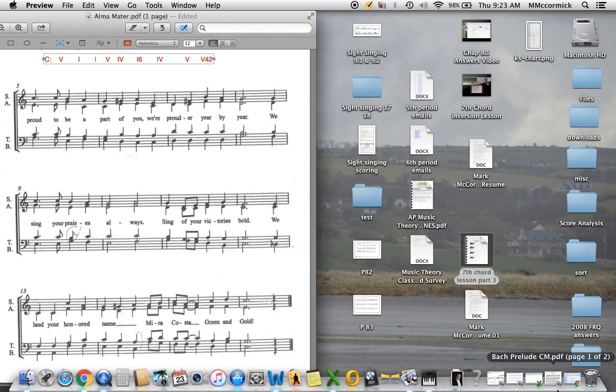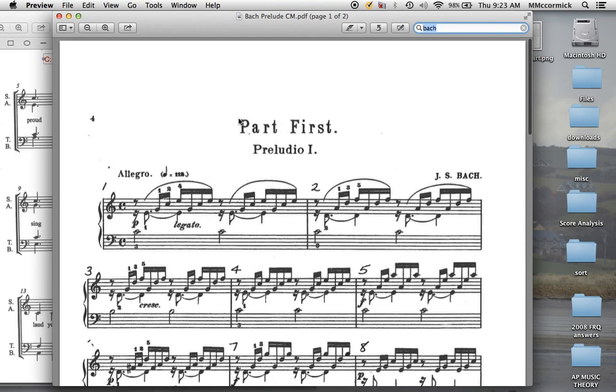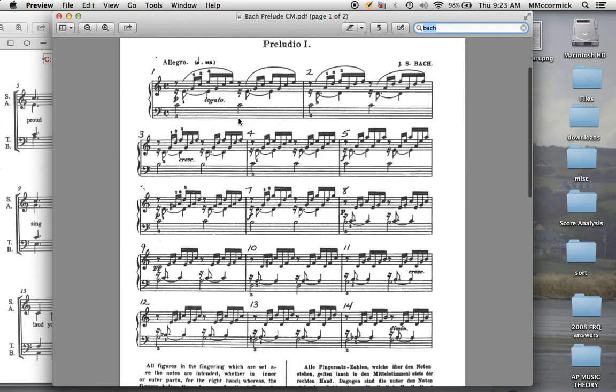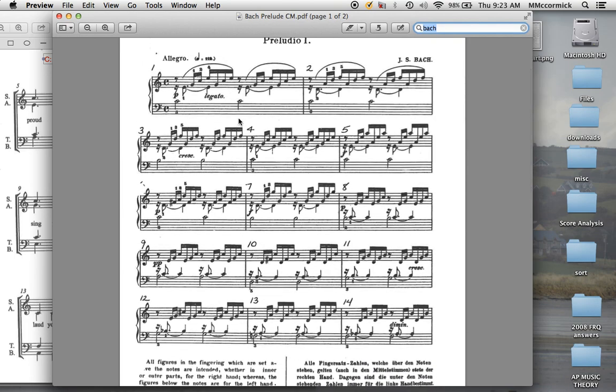And I bring that up because next week we're going to begin looking at this Bach prelude. Many of you may have heard this before. Here's a little sample.